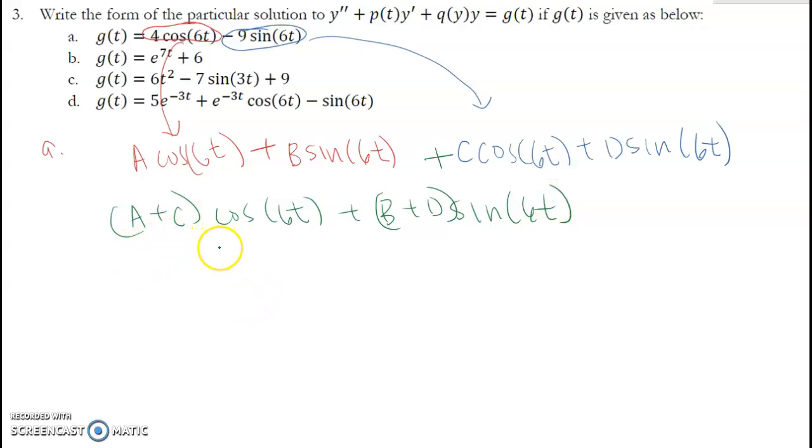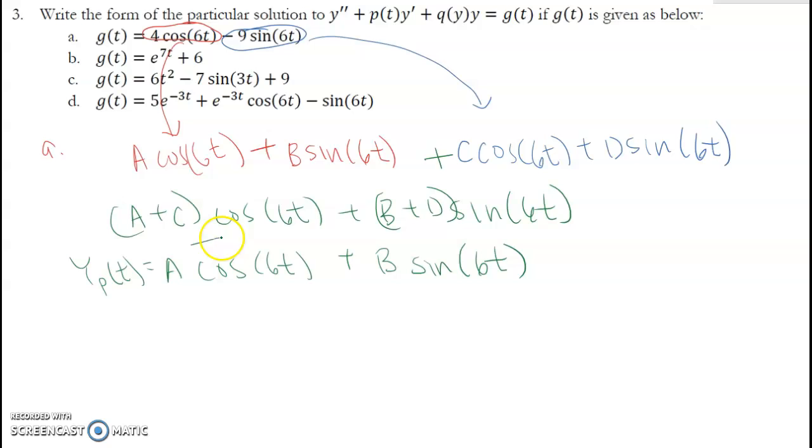A plus C is some sort of coefficient, so I can just rewrite that as A cosine of 6t. Likewise, B plus D is some kind of coefficient, unknown for us now, so we can just write it as B. Or you can write any other unknown subscripts. And that's it. So this is our particular solution to part A.